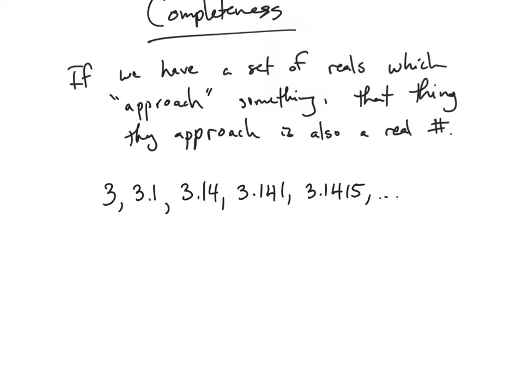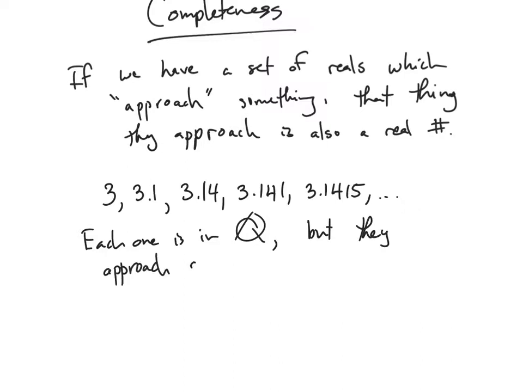So each one is in Q, this is how we write the set of rational numbers, Q with the fancy bar. Q for quotient. You can't use R for rational because we use R for real. Each one of these is in Q, but they approach something that is not in Q.